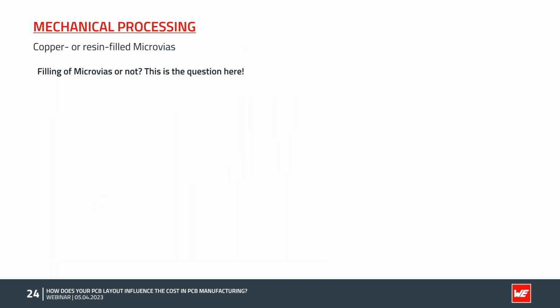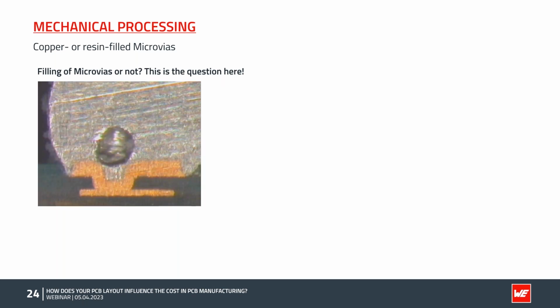So when we do the laser drilling, when we go to microvias, the next question always is, do I need to fill the microvias or not? Why does this question occur? Well, basically you see it here. If you have unfilled microvias, it could happen that you have voids in your solder joints. Here in this case, it's a ball of a BGA.